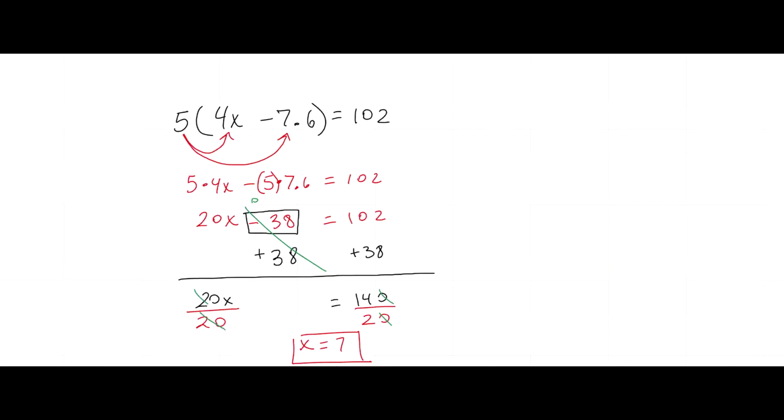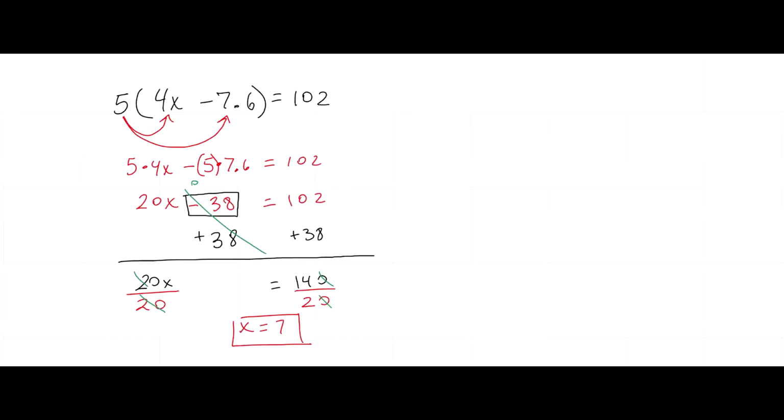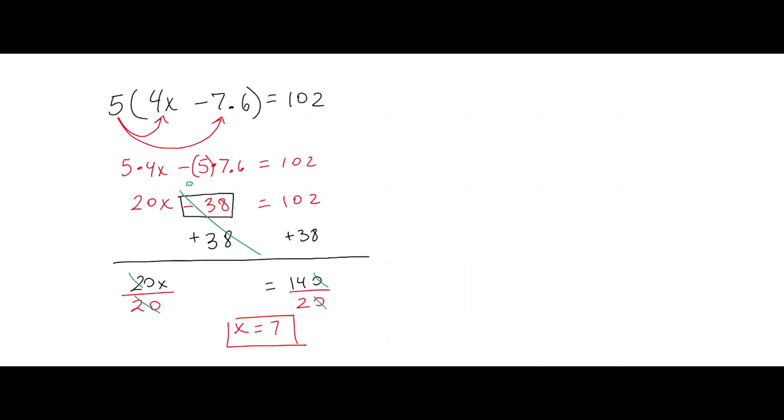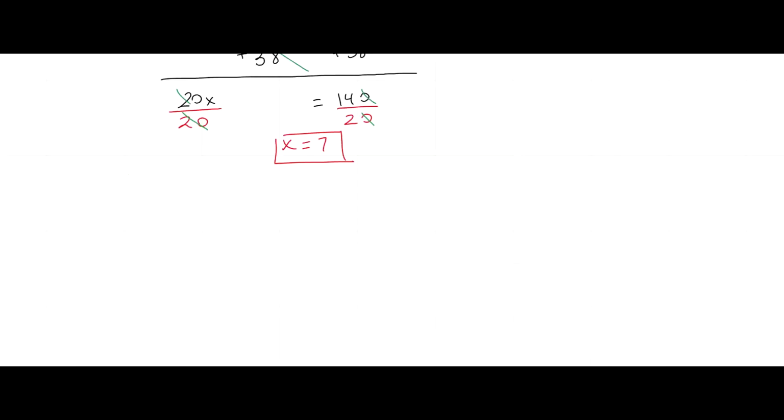Now, I can show you another example over here. You have x divided by 4.4 less than 5.